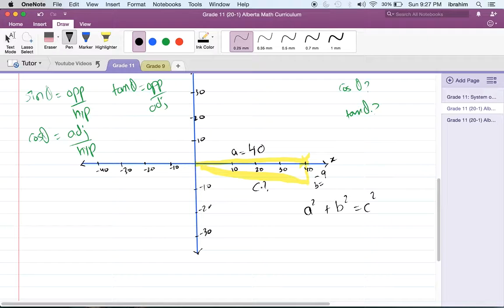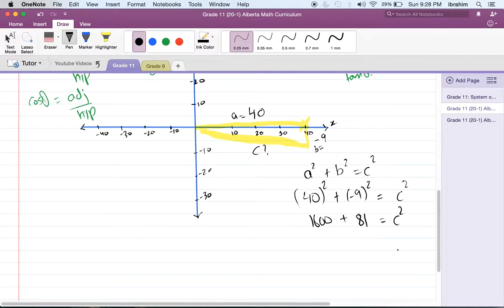Now what I'm going to do from here is plug it into the formula and then solve for the variable C. So A is going to be 40, so this becomes 40 squared. B is going to be -9, so -9 squared. And then C squared stays as it is. Now 40 squared, if I plug this into the calculator, equals 1600, and -9 squared equals 81, and then that just becomes C squared.